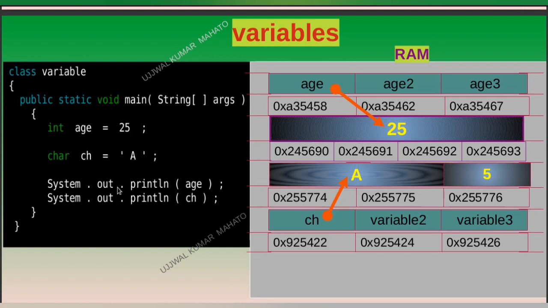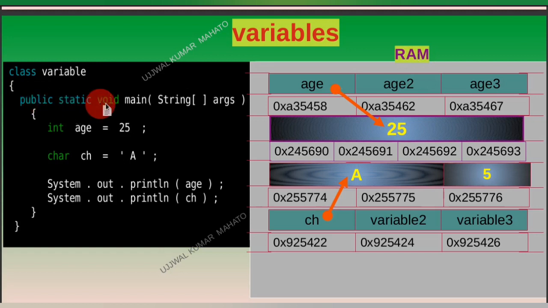Now we give two statements, System.out.println for age and for ch, so we get the output 25 and capital A. Now in the real scenario, you can see in the left window, all the data and the program code are stored inside the RAM.